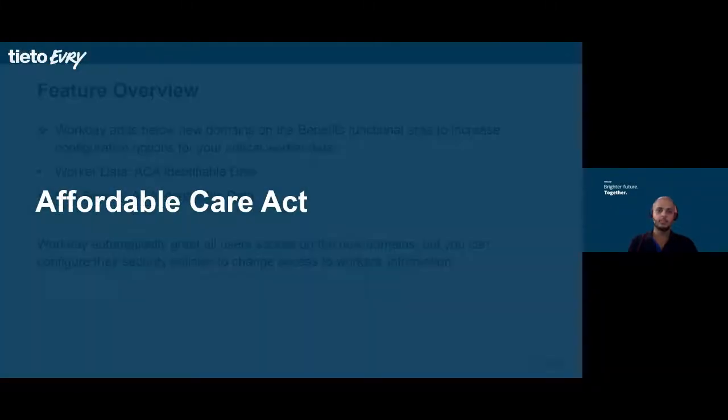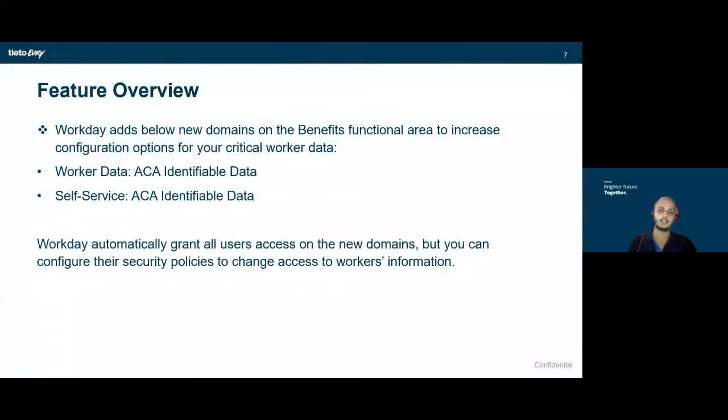So to begin with, Affordable Care Act. Workday now adds the below domains of the benefits functional area to increase configuration options for the workers' critical data. If you can see, there have been 2 more domains added by Workday for benefits functional area, that is Workday data, ACA identifiable data, and for self-service data as well.